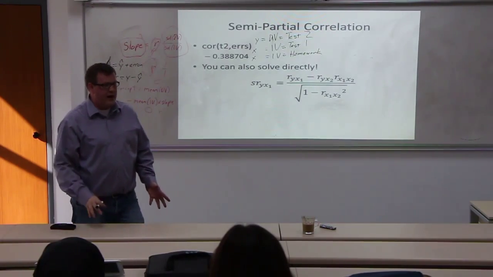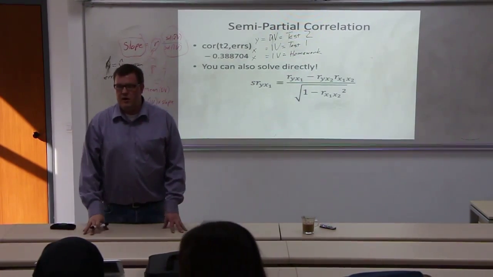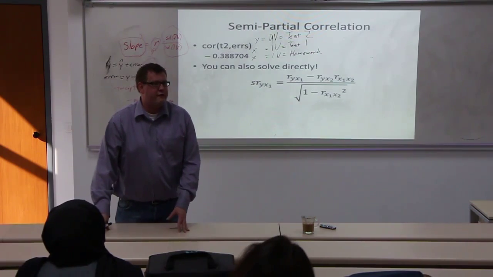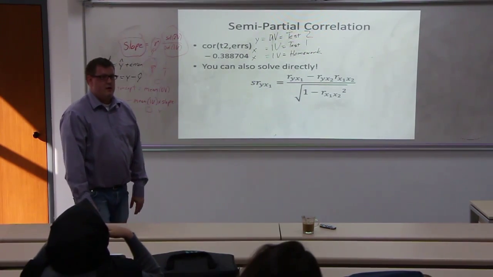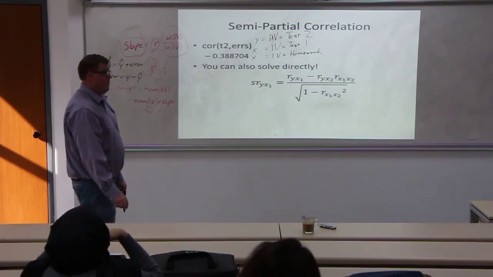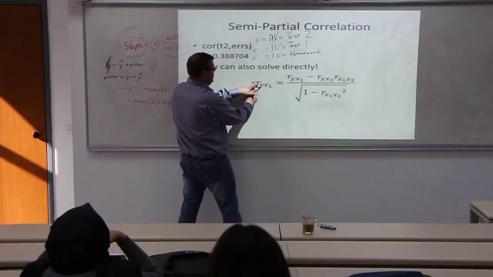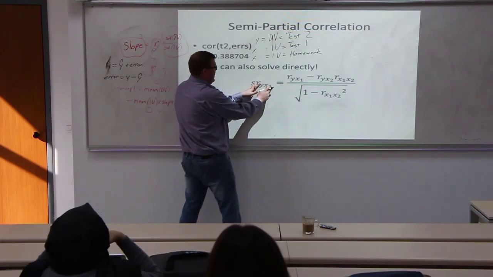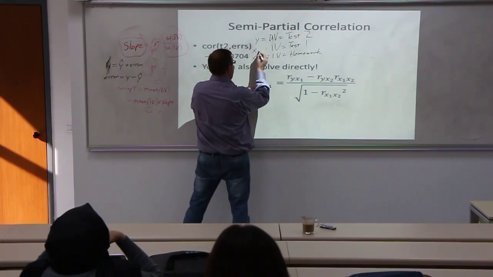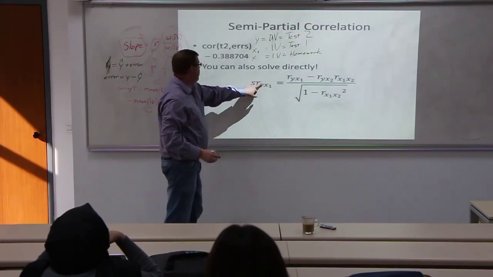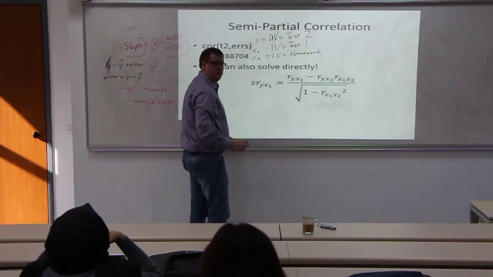Well, we just found the semi-partial correlation coefficient for what? Test 1, right? So this is the semi-partial correlation coefficient for x1. So let's say test 1, that's our x1, and then homework, this is x2.